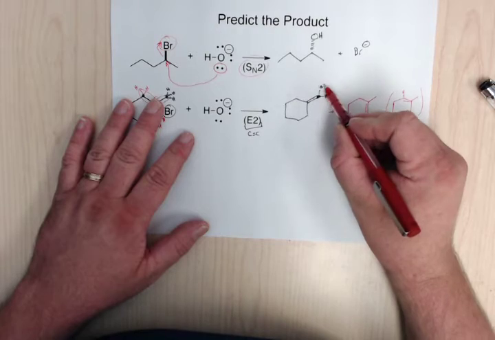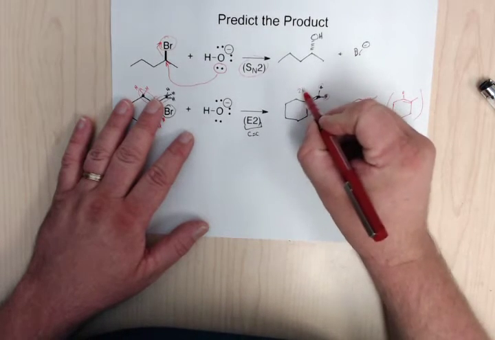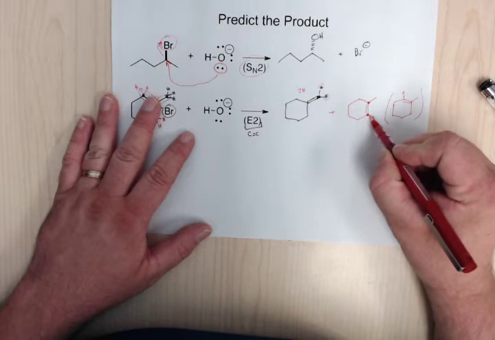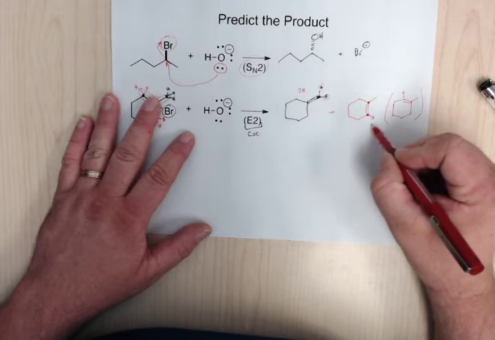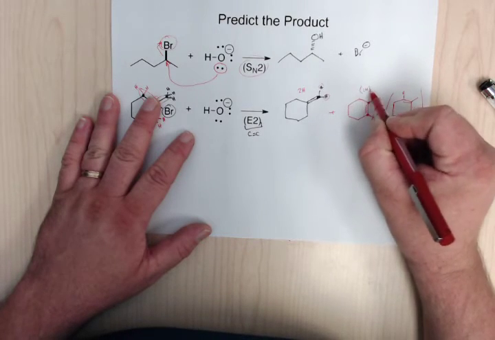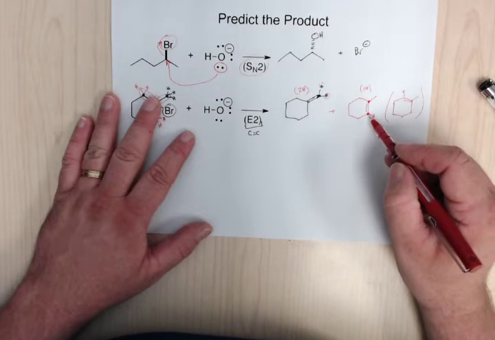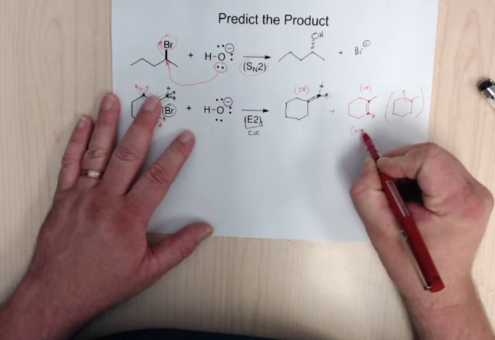But on this side, there's this one and this one. So this one has two hydrogens. For here, again, this one has all four bonds shown. But this one has the single hydrogen here. So you want the fewest number of hydrogens directly on the double bond. So that's going to be the major product.